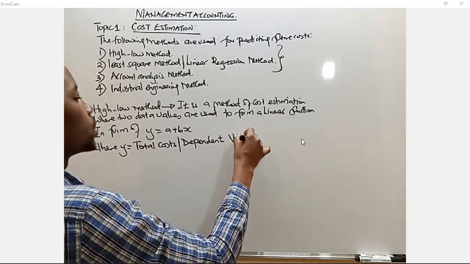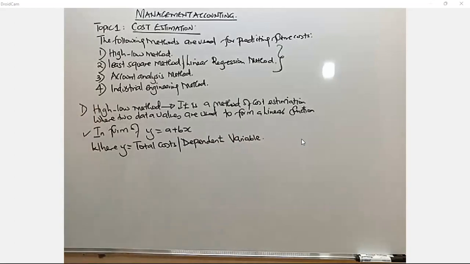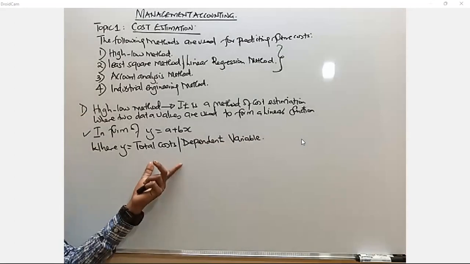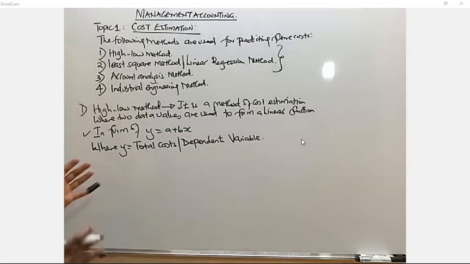And why am I introducing this at this level? Because sometimes an examiner might give you information where the data for y is not defined. That is why, when you look at the data provided by the examiner, you should be able to tell which one is the dependent and which one is the independent variable.